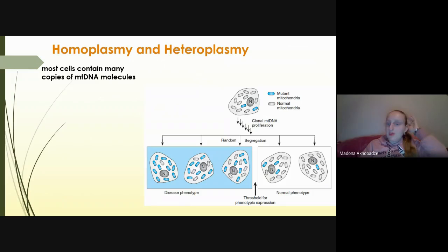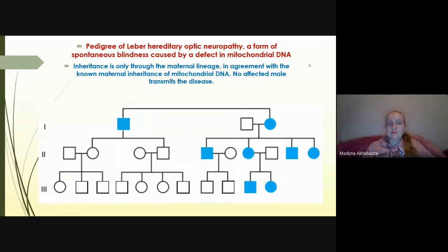Here we've got four gray ones, and the gray is the majority. So this is the normal phenotype because the majority of mitochondria is normal, and this is the disease phenotype because the majority is diseased. So this is the random segregation resulting in homoplasmy and heteroplasmy of the mitochondrial genes. And this is inheritance.